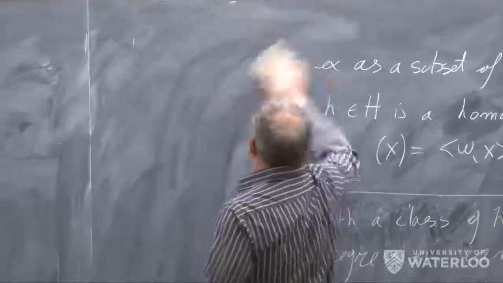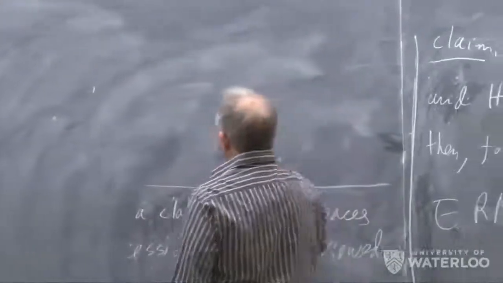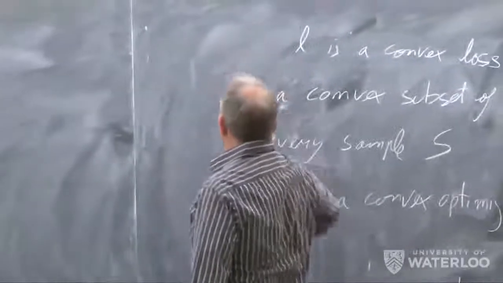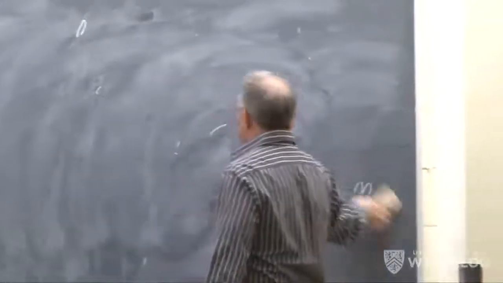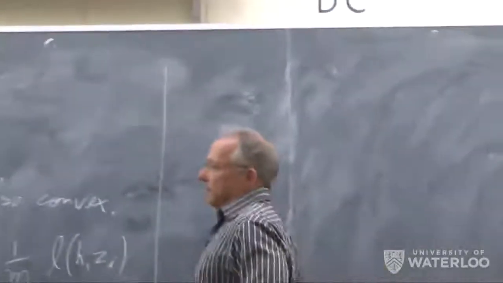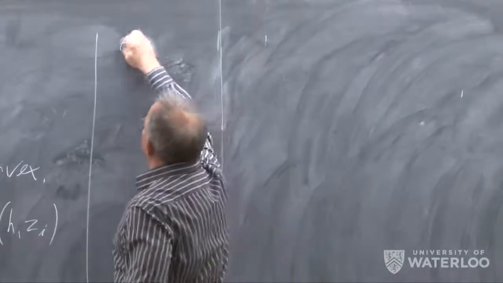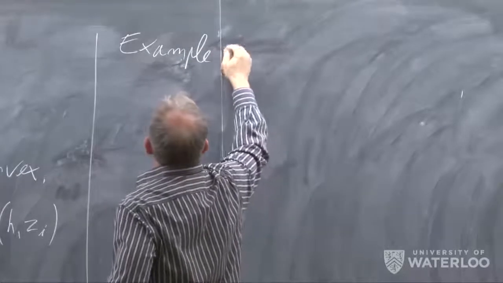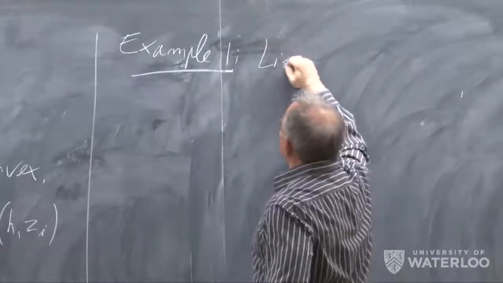OK, so let's now use this new feature of learning problems to examine learning problems that we have already discussed before. Let me start with the two examples that we examined before. So example 1, what happens with linear regression?